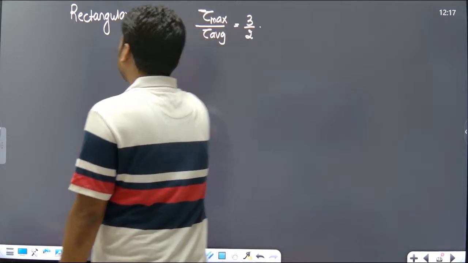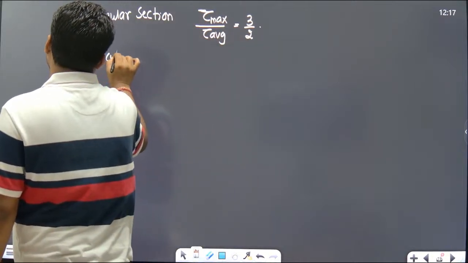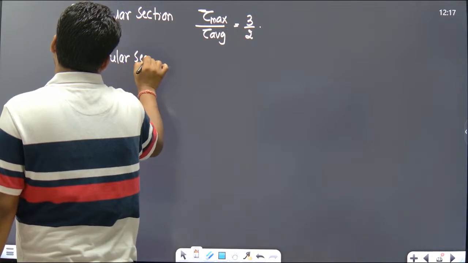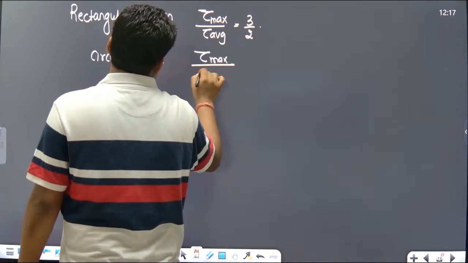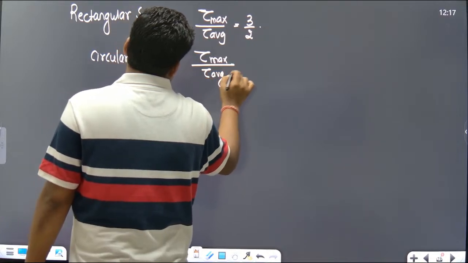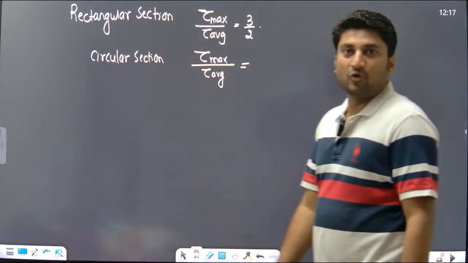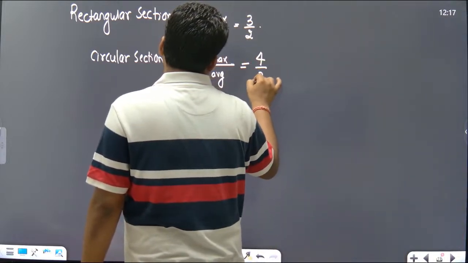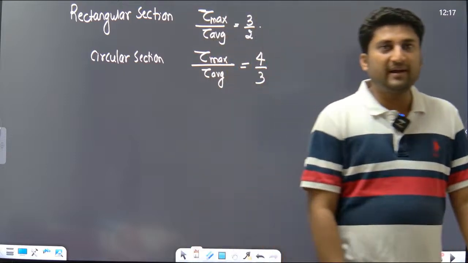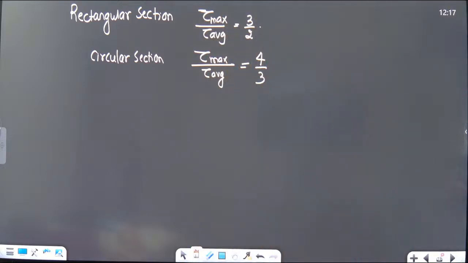What is the value for circular section? It will be 4 by 3. Very, very good, everyone. 4 by 3. Understood, everyone? This you need to remember.